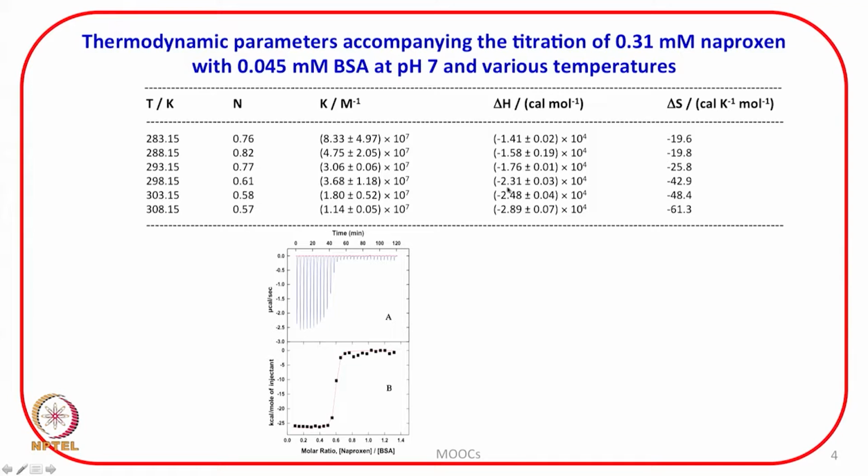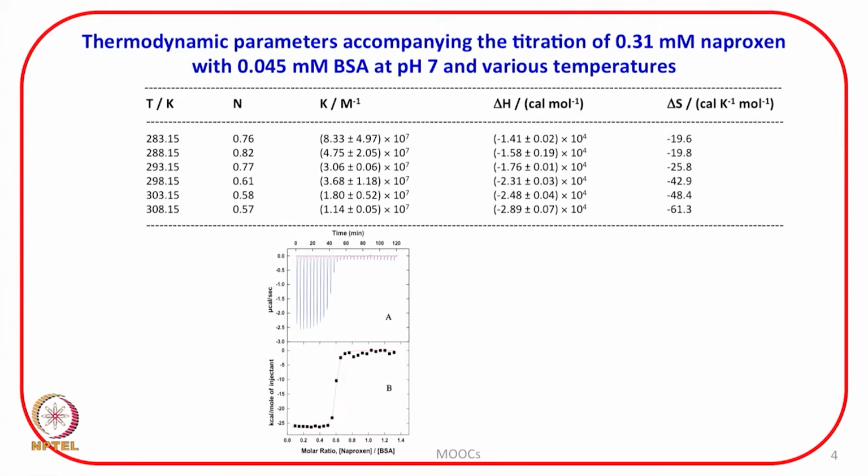It is also associated with an enthalpy of minus 23.1 kilocalorie per mole and an entropy change of minus 42 calorie per Kelvin per mole. K value, which is of the order of 10 raised to the power 7, suggests that the binding is tight. The binding enthalpy is exothermic in nature, and the entropy change is also negative.